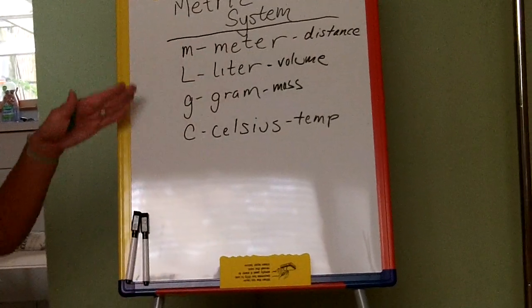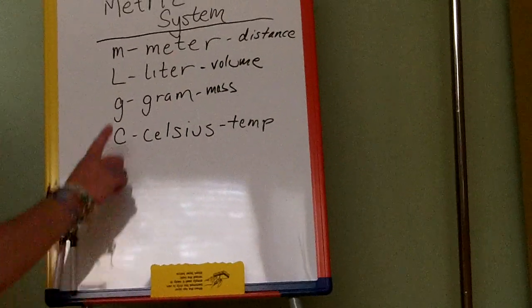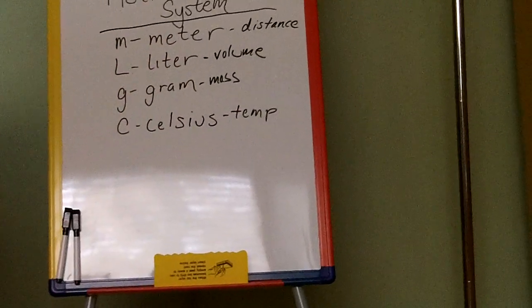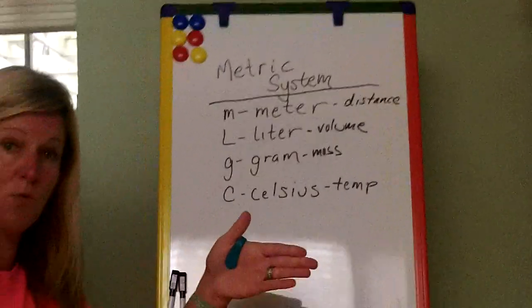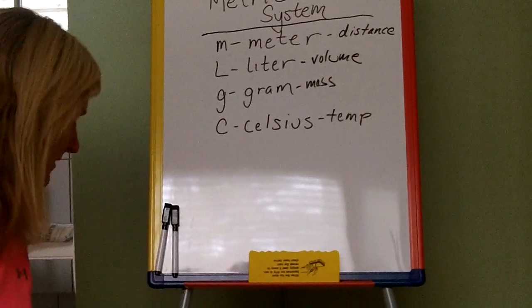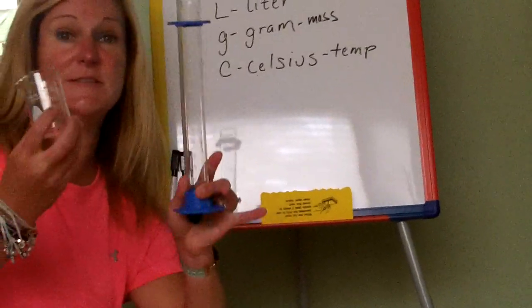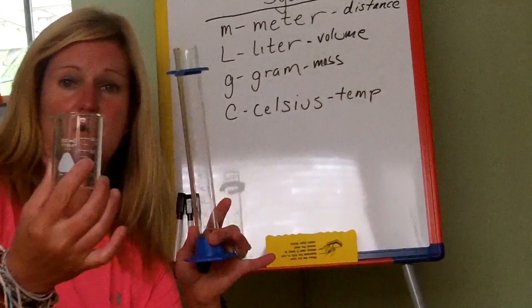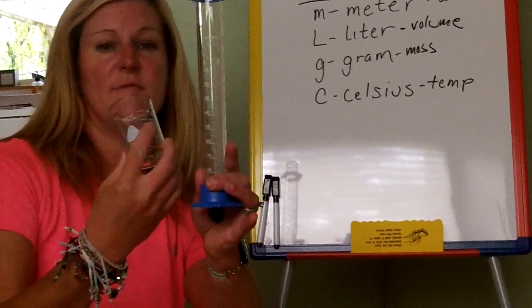So there's 4 basic units in the metric system, and you've probably heard of them before. The meter, which we utilize to measure the distance of something from point A to point B. We have the liter, which measures the volume. So I have 2 pieces of glassware right here, the beaker and the graduated cylinder, that help us measure the volume.